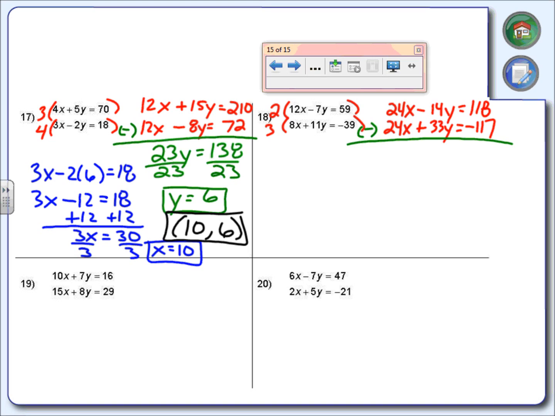Subtract everything else though. Negative 14y minus 33y is a negative what? 47. 118 minus a negative 117 is what? 118 minus negative 117, put it in your calculator. 235.